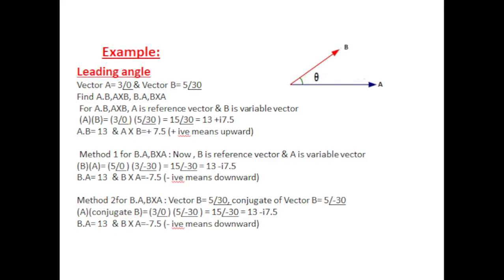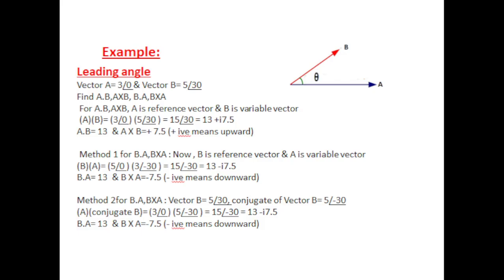Example, leading angle. Vector A equal to 3 angle 0 and vector B is equal to 5 angle 30. That is 30 degree leading. B vector is leading by 30 degree with reference to A. Find A dot B, A cross B, B dot A, B cross A. For A dot B and A cross B, A is the reference vector and B is the variable vector.